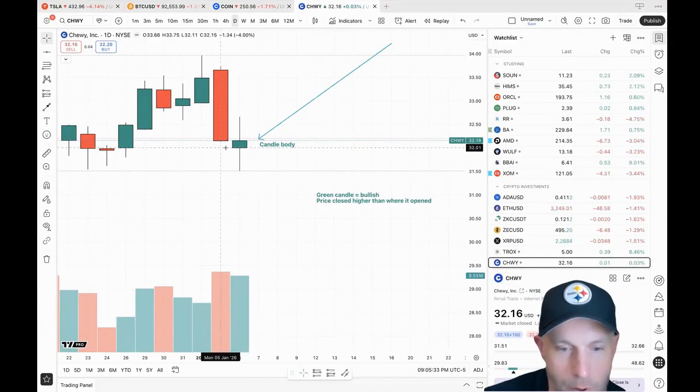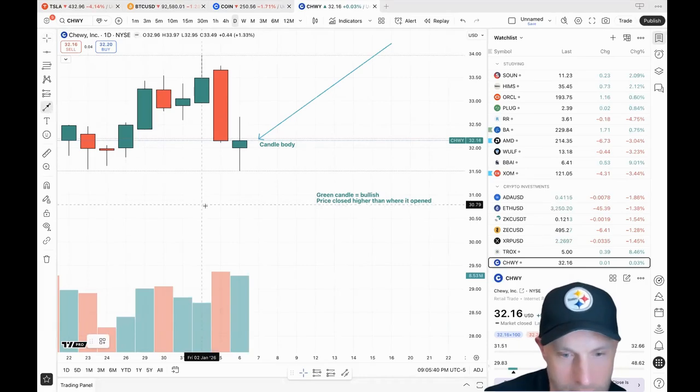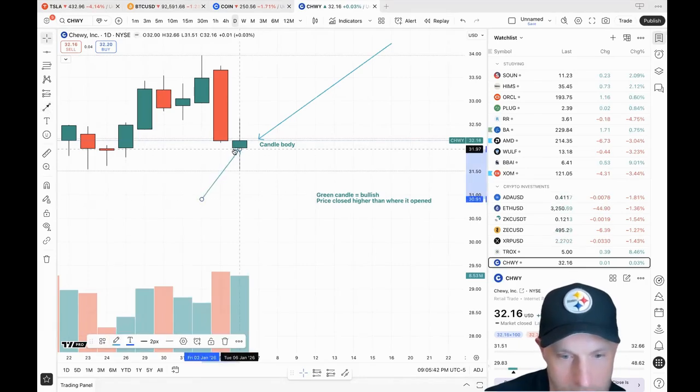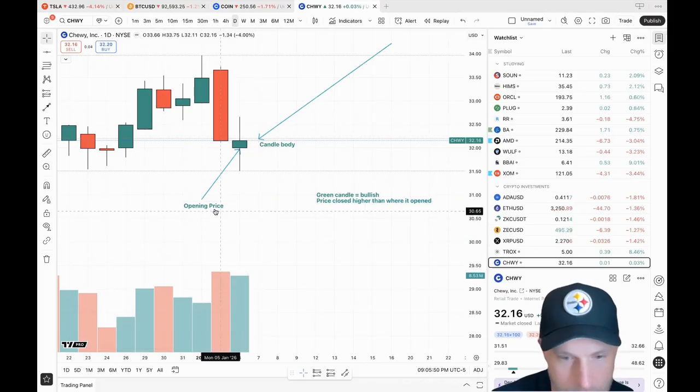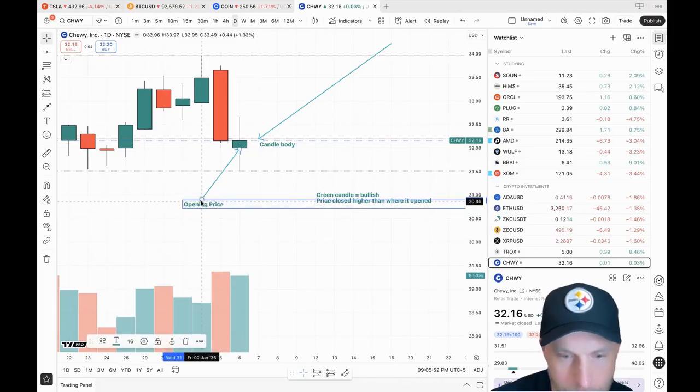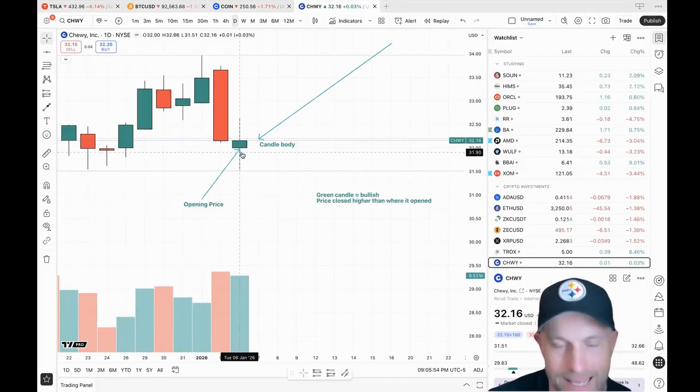And we could see the bottom part of this candle body right here. This is where the price opened, right? So right here, the bottom part of the candle body, this is the opening price. All right. Got it? So the candle's color is going to be based on the open and close.